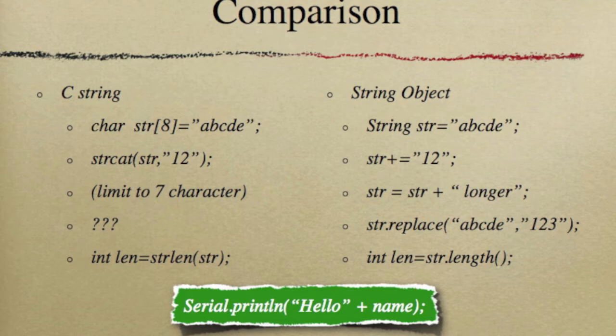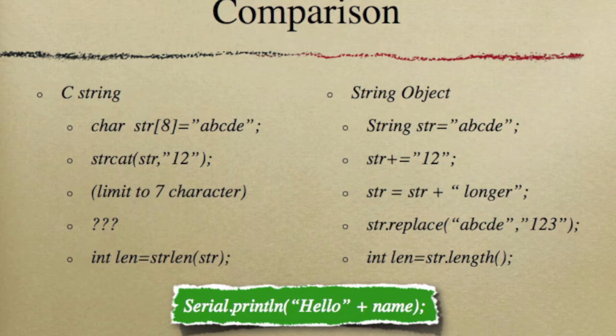Alright, now what if you want to append more characters to your string? Well, with C string, we need a function like the string cat function. But for Arduino, you can just use the plus operation and it will do that for you. If you want to do comparisons with C string, you may want to use the string compare function.